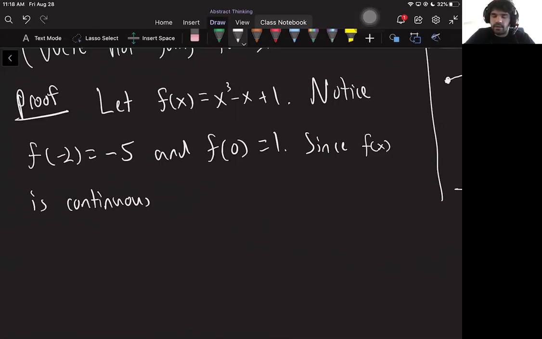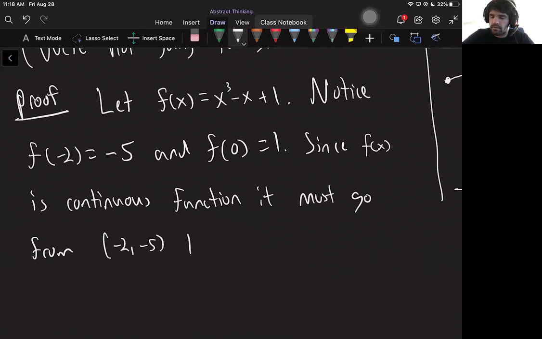So since this is a continuous function, it must go from this point, -2, where I plugged that in and got -5, to the other point, 0, 1. It must go from there to there continuously.